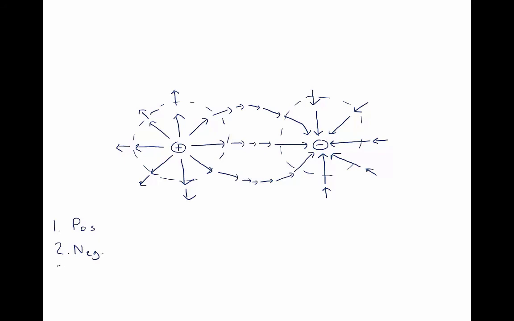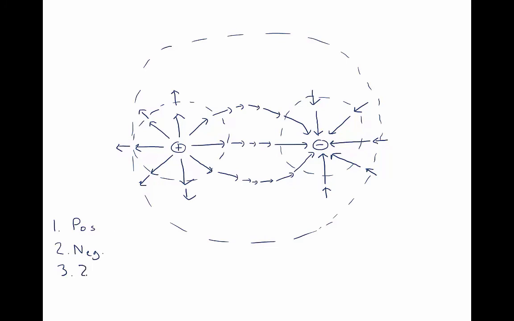For the third one, let's say our sphere fits both charges. So if we imagine what our vector arrows look like over here we're primarily going to have arrows going out. Over here we're going to have a lot of arrows coming in. Over here we'll have a lot of arrows running parallel to the surface. Overall, the positive flux over here is going to balance out the negative flux over here.